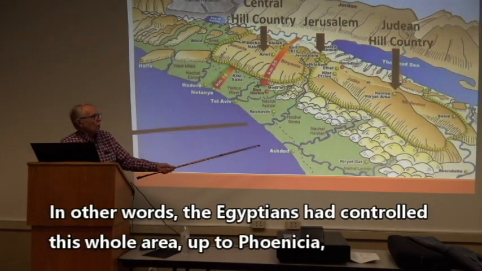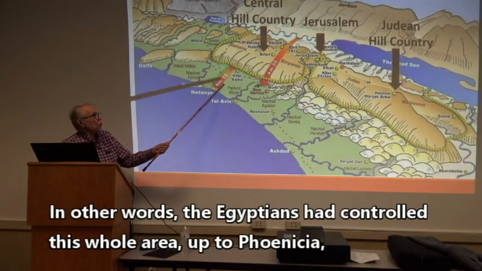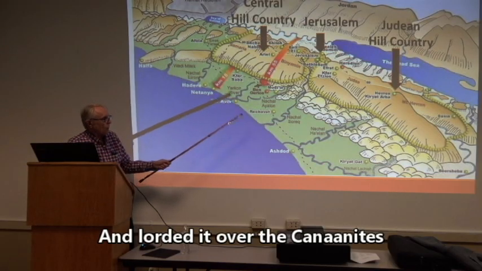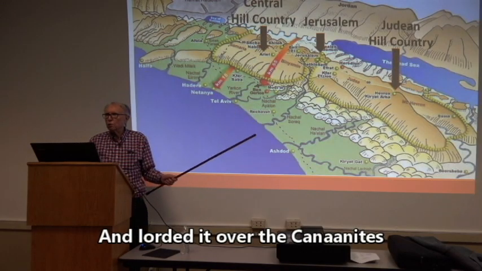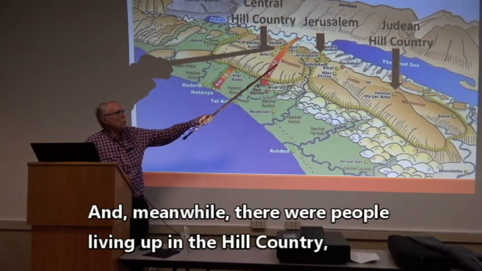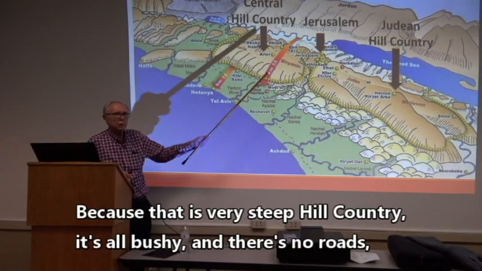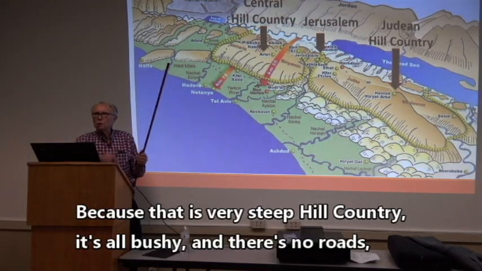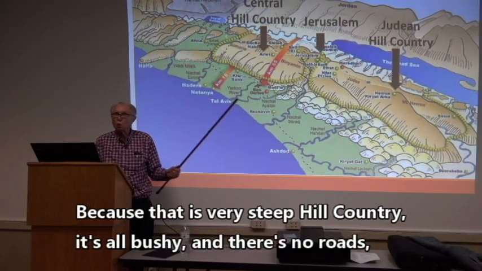In other words, the Egyptians had controlled this whole area up to Phoenicia and lorded it over the Canaanites. And meanwhile, there were people living up in the hill country, because that is very steep hill country. It's all bushy, there's no roads.